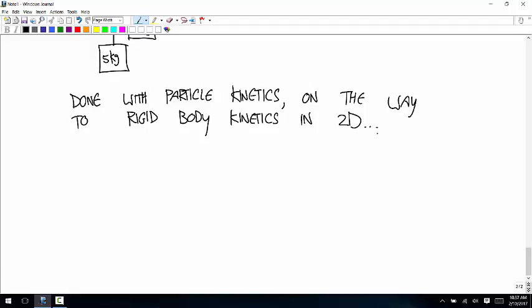I mentioned last class, and I'll mention it again a couple times, that particle kinetics in 2D and 3D is qualitatively the same thing. Nothing really fundamentally changes. Rigid body kinetics in 2D and 3D changes a lot, and I'll point out where that change comes from when we get there. But we're going to be talking about approaches that work in 2D. You have to do some more complicated stuff in 3D.